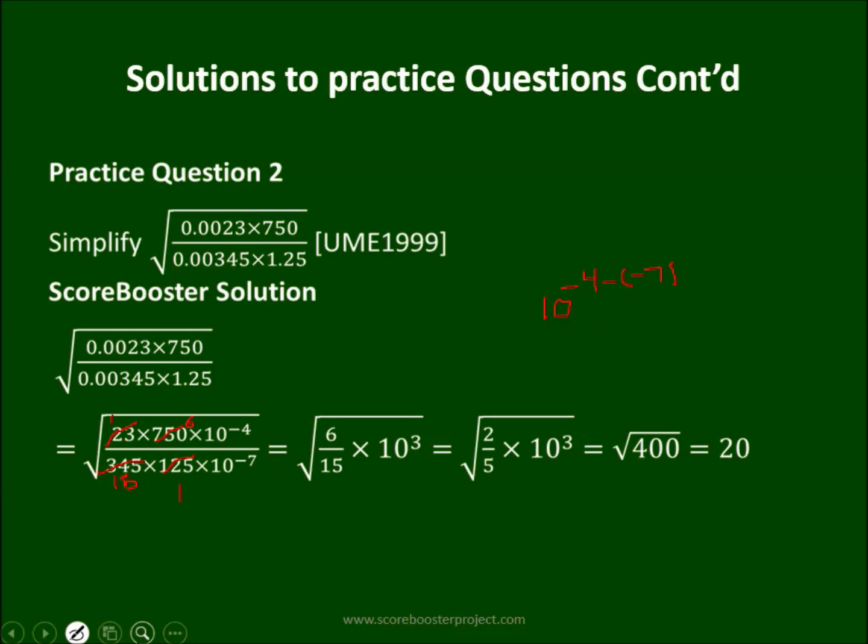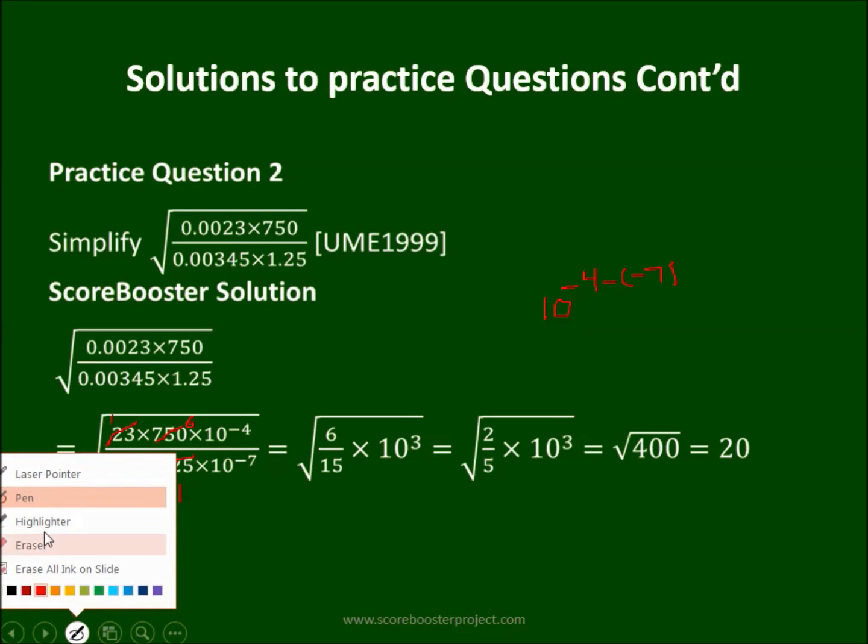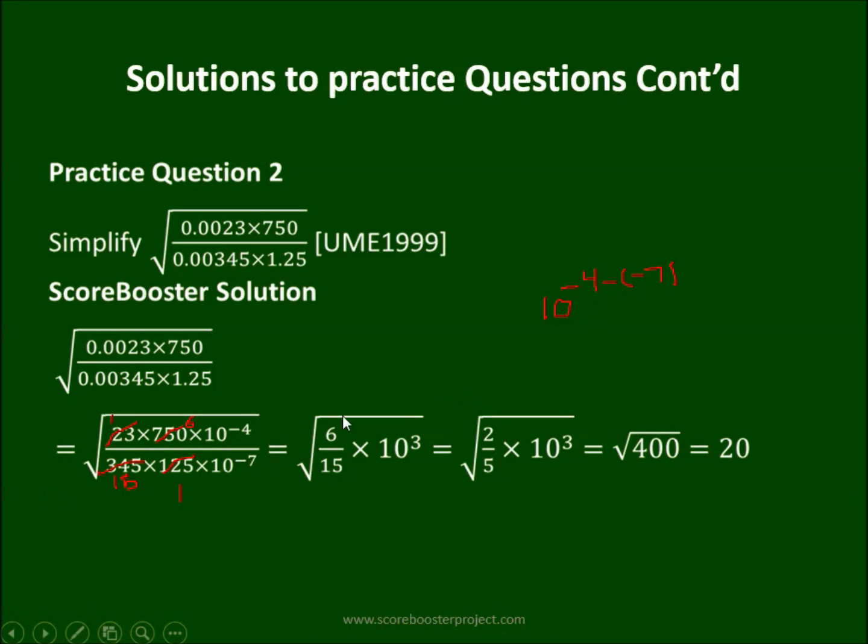So now we can simplify 6 over 15 further, because it has not been expressed in its simplest form. You can use the highest common factor, which is 3. So 3 in 6 you have 2, and 3 in 15 you have 5. So we have 2 over 5 times 10 raised to power 3.